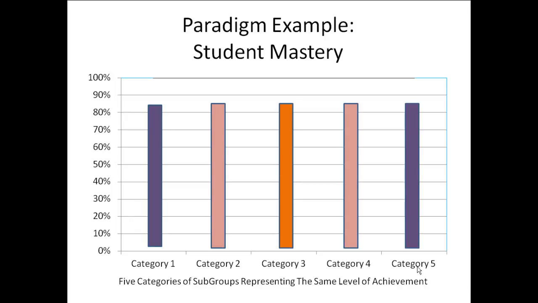Because we know that, for instance, if this example were placed on top of the bell curve, that we would have Category 5 students who would easily hit this 85%. Some of Category 4 would probably be able to get there, and then we start to see things falling off for Category 3, 2, and 1.